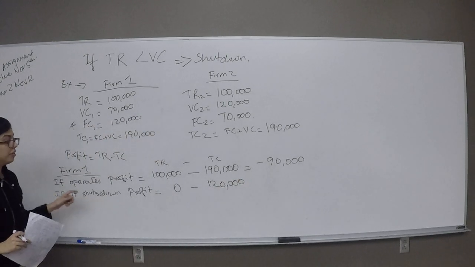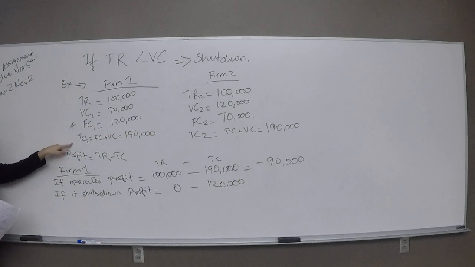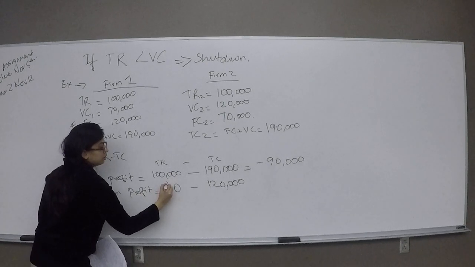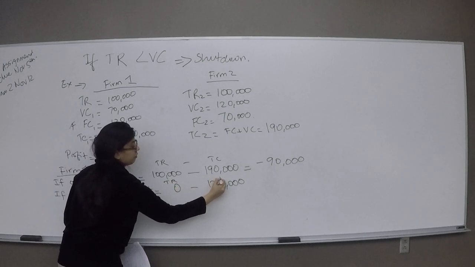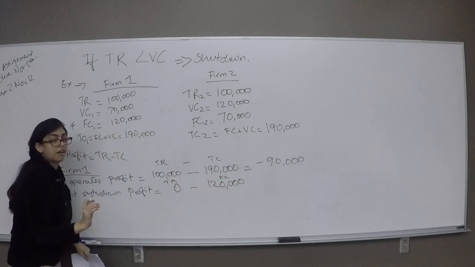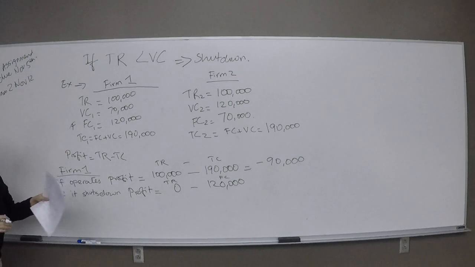Even if you are shutting down, you still have to pay your fixed cost. So total revenue minus fixed cost, something you still have to pay. Variable cost you don't have to worry about when you're shutting down because you're not producing, so you're not paying the variable cost.